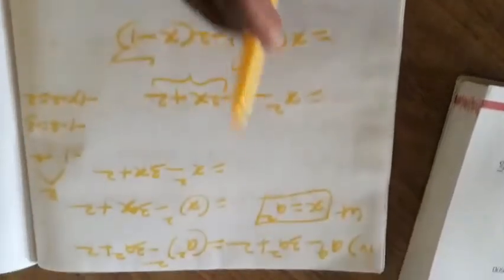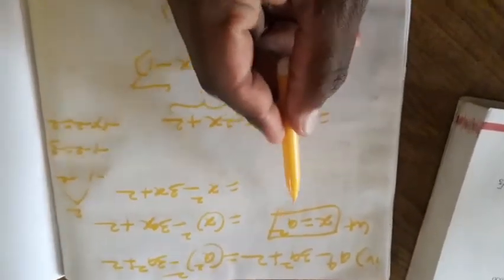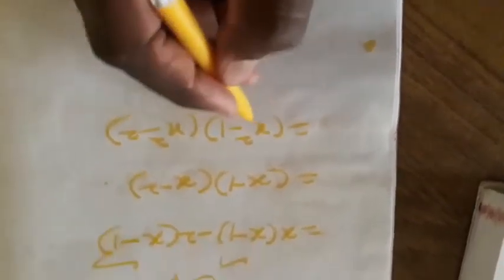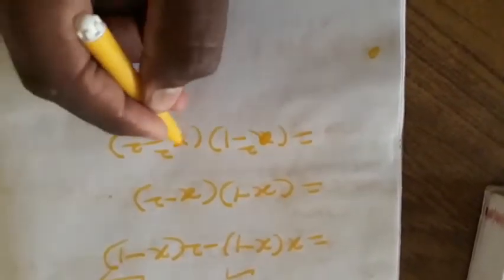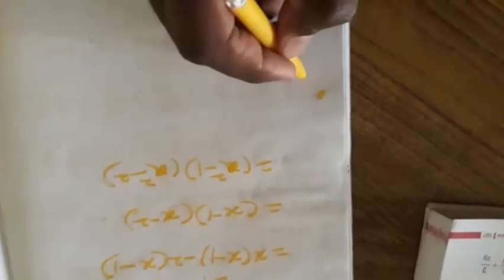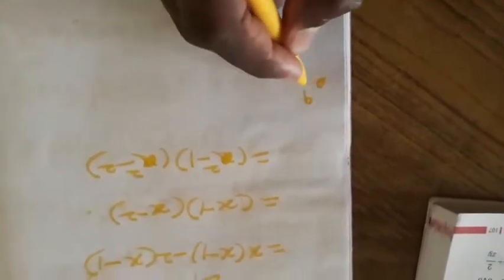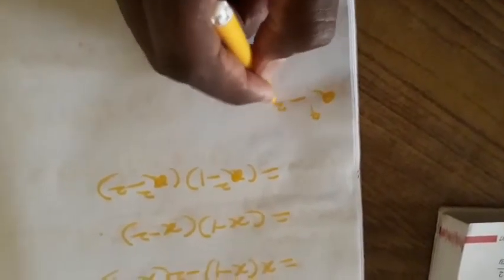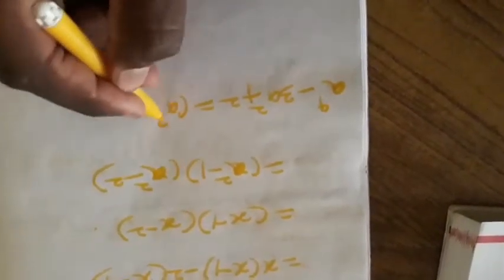My assumption was that x is a square, so substitute a square here: a square minus 1 into a square minus 2. Small mistake earlier, x is a square. Therefore a power 4 minus 3a square plus 2 equals a square minus 1 into a square minus 2.